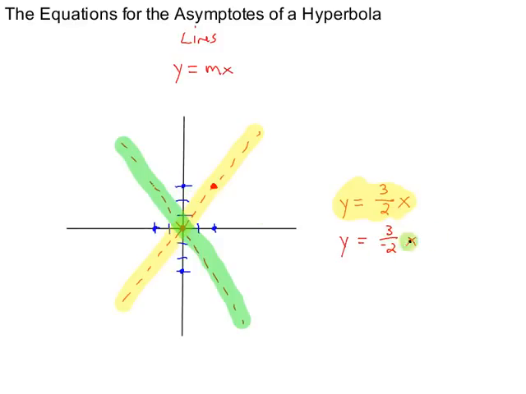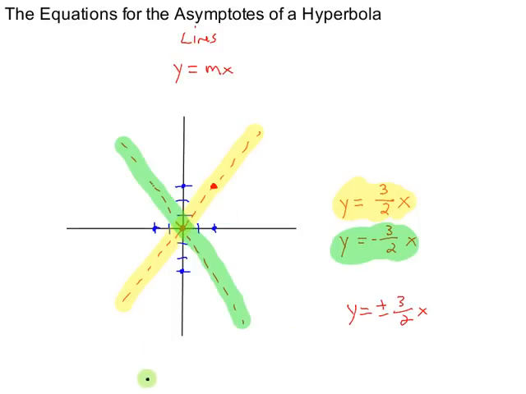So in other words, for the green asymptote, that negative can move to the front of the fraction, and we get y equals -3/2 x. In general, we can describe both asymptotes with one equation by writing y equals plus or minus 3/2 x. This represents two equations, one with a plus, one with a minus, and it covers both asymptotes.